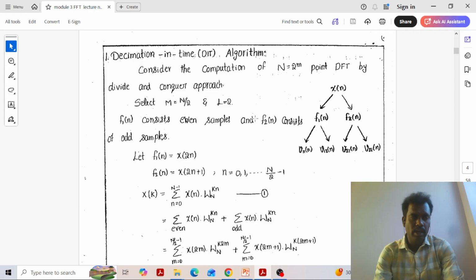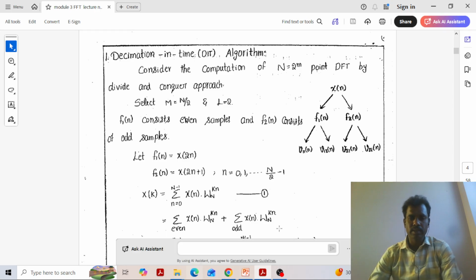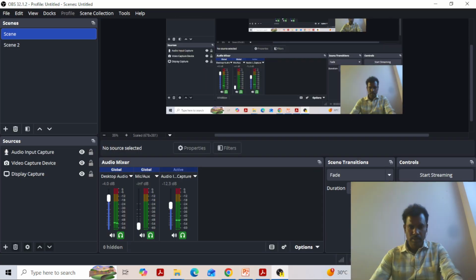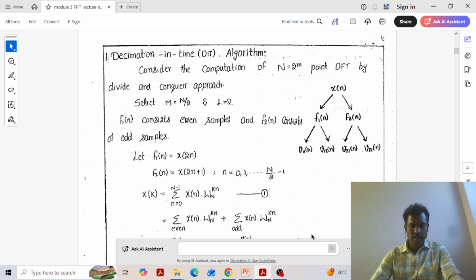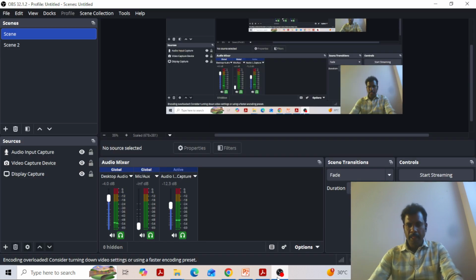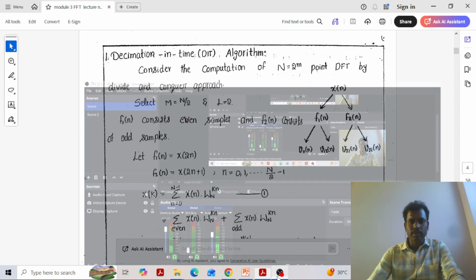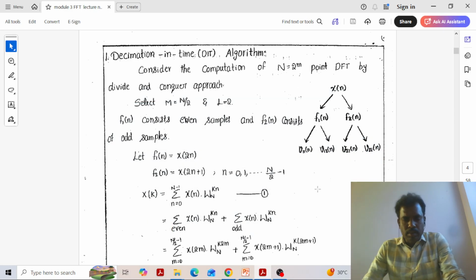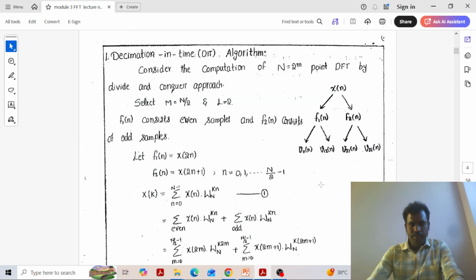If it is not a power of 2, it will be converted into a power of 2 by adding dummy zeros, extra zeros, to the input sequence. Let's see how it is mathematically derived.